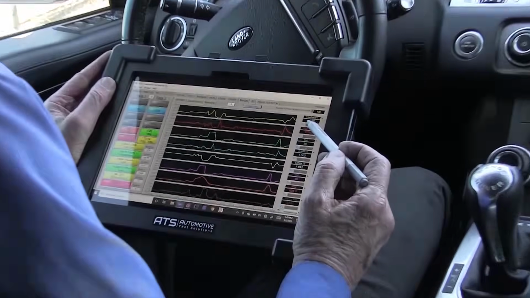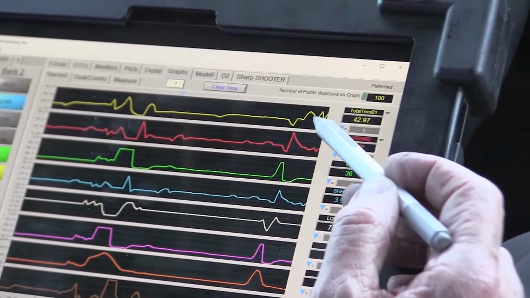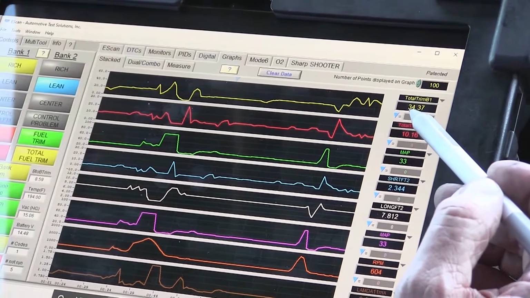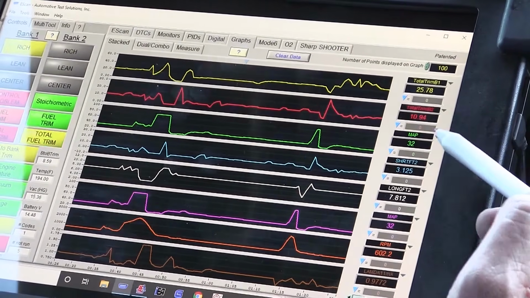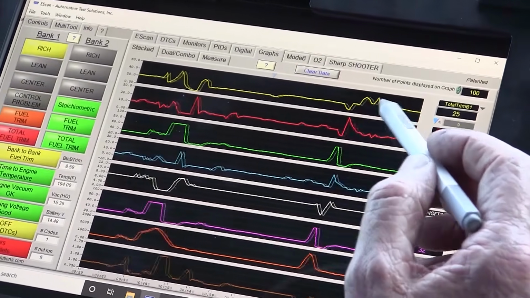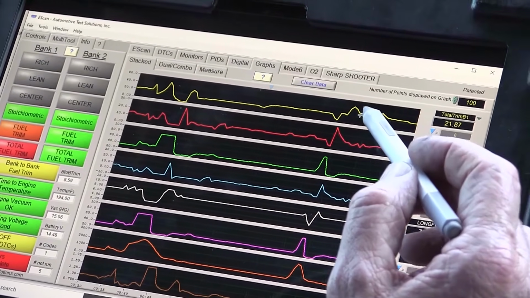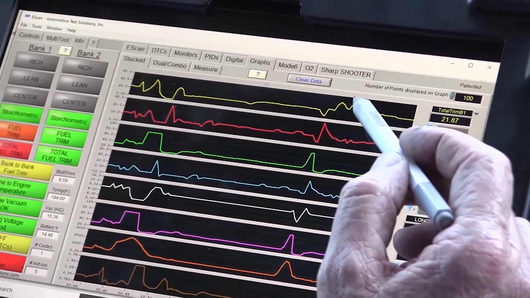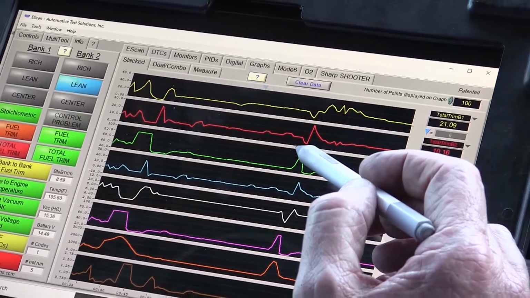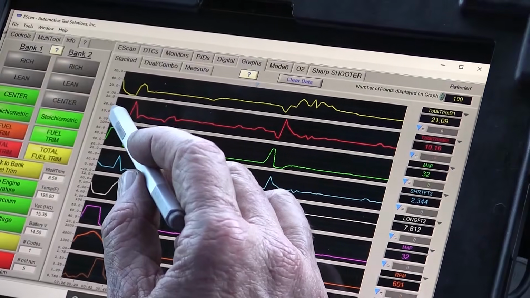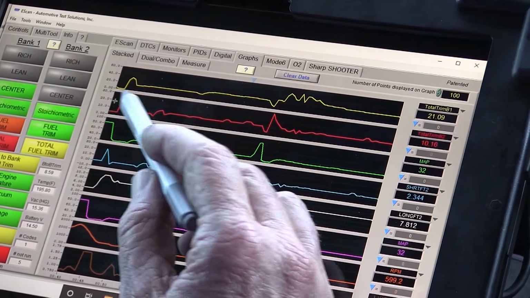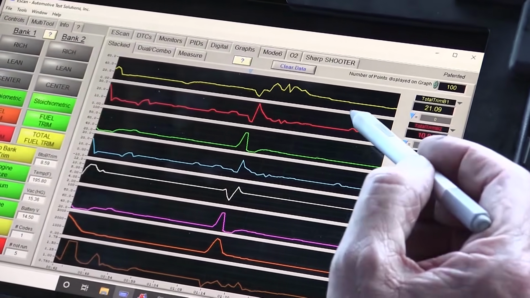Okay, there we hit 45% trim right there, 42%, 34, 37, 28. So basically, that trim went up to almost 50% trim on bank 1, and we also had a problem on bank 2 at the same time, to where we hit almost 30% on bank 2.